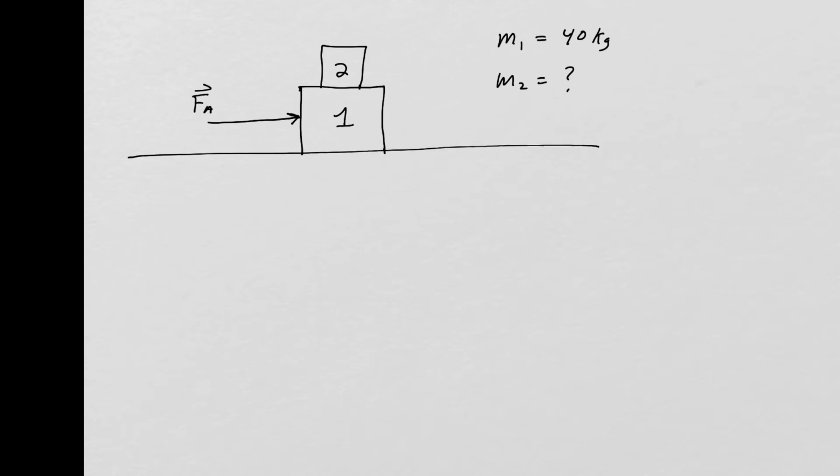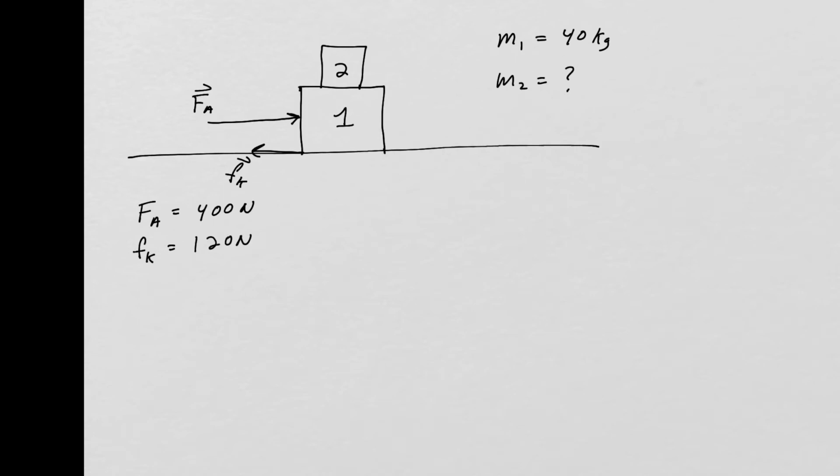And there's also friction, so if it's moving, we'll have a kinetic frictional force acting to the left, Fk, a vector. The magnitude of the applied force is 400 newtons, and the magnitude of the kinetic frictional force is 120 newtons.